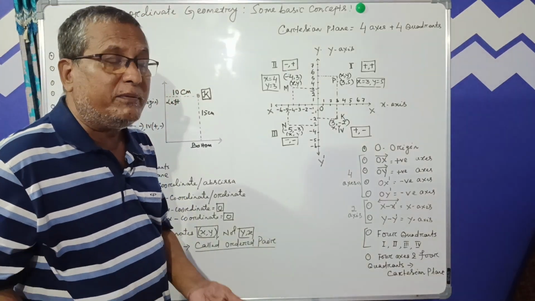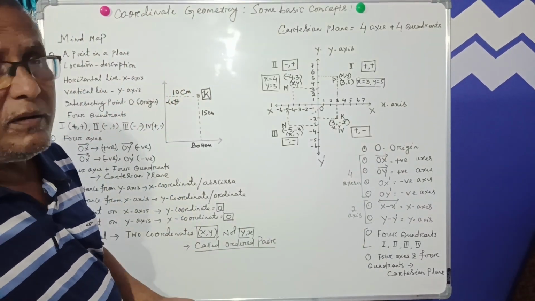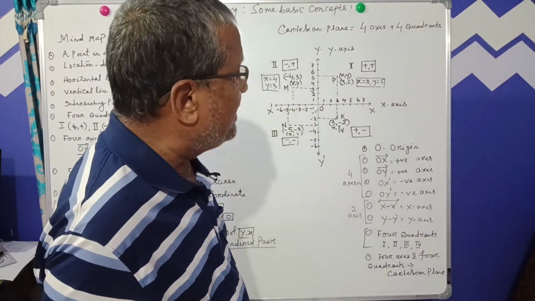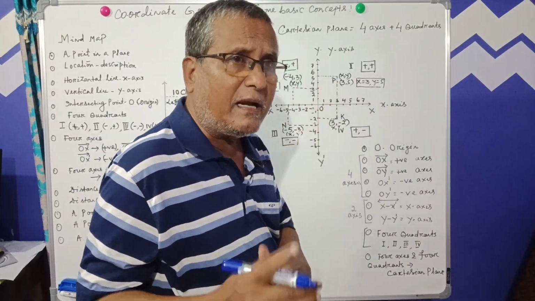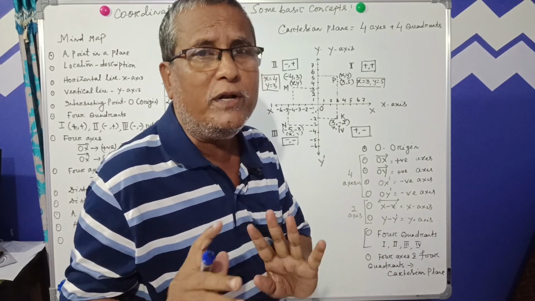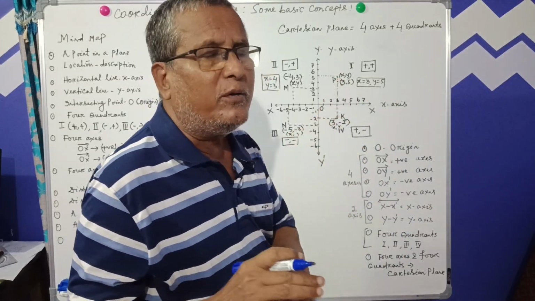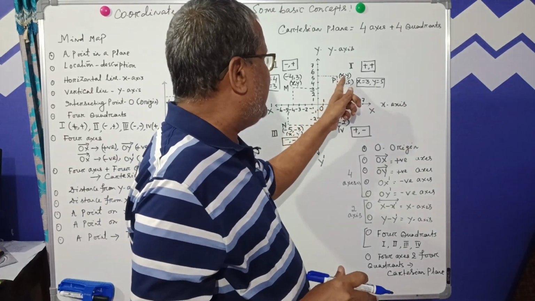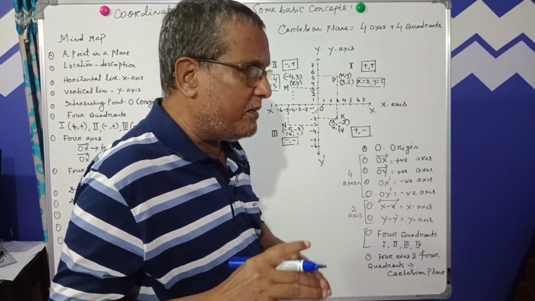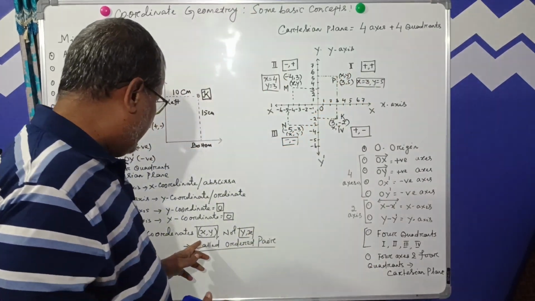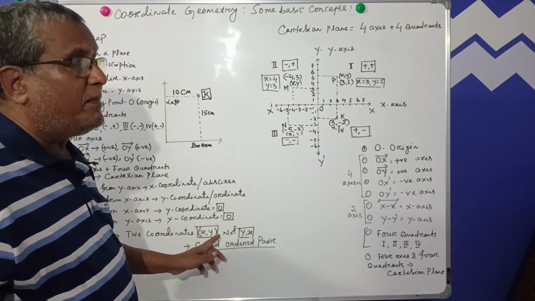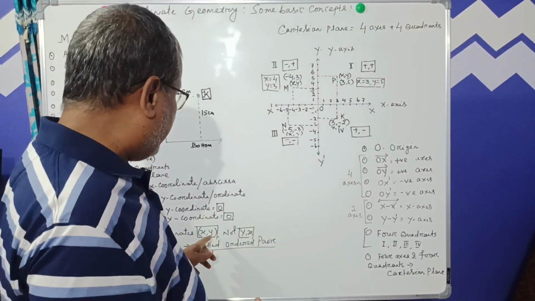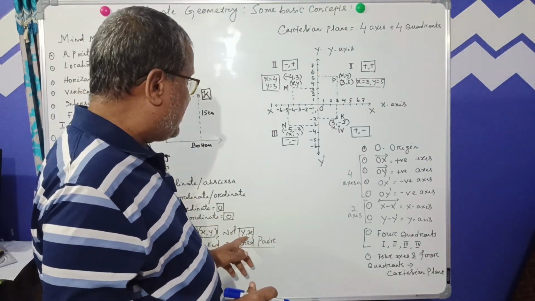So what do we observe here? In a Cartesian plane, a point can be described by two coordinates, the x coordinate and the y coordinate. Remember, the x coordinate and y coordinate are always written in the form x comma y, which is called an ordered pair, and not written as y comma x.